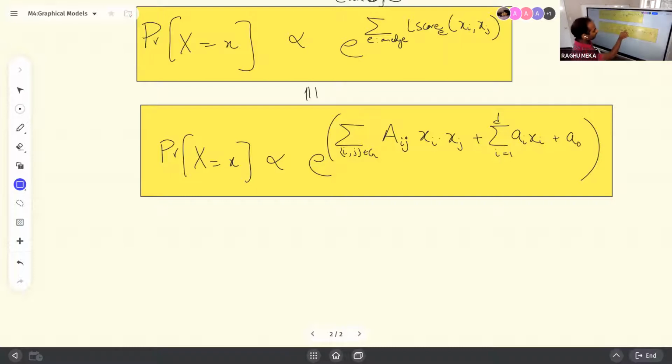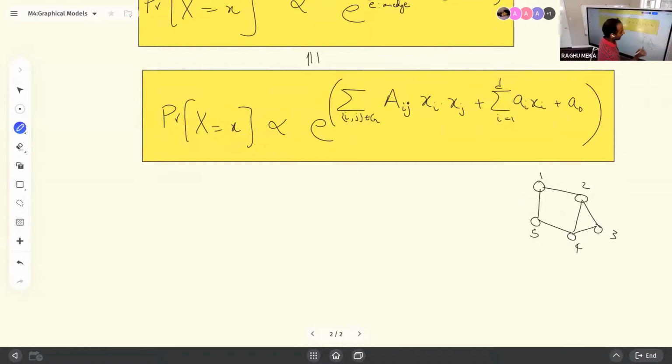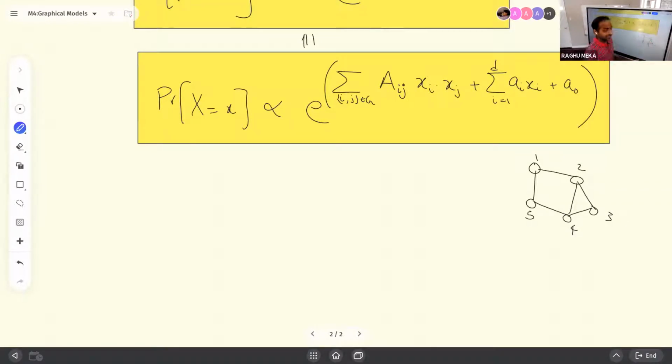And the way to think about these Aij coefficients is basically you have a weight on each edge. So you have something like this, 1, 2, 3, 4, 5, and you have some numbers sitting on the edges. Let's say the numbers are 1, 0.1, 0.1, 0.1, 2, 1.